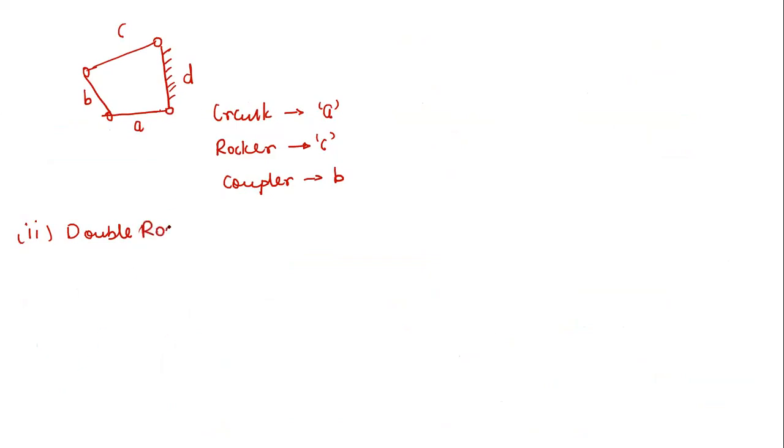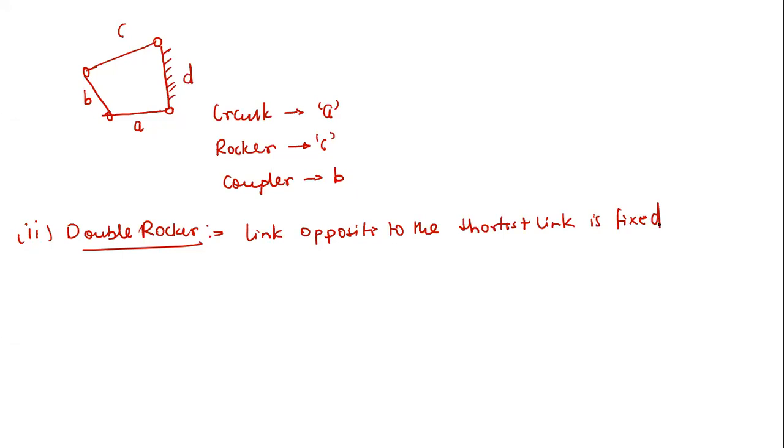Now, double rocker. So in this case, what we are doing, the link opposite to the shortest link is fixed, right? So in this case, we fix the link which is opposite to the shortest link.